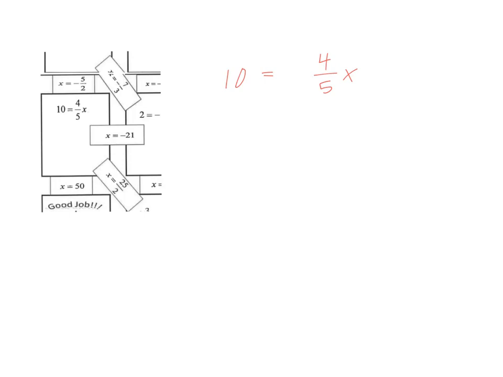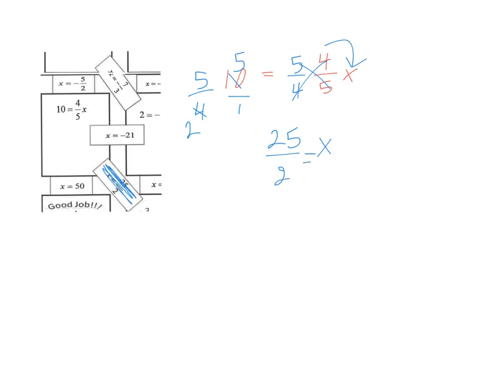The reciprocal of 4/5 is 5/4. 5/4 times 4/5 would be 20 over 20, which is 1, and 1 times x is x. I can cross-cancel a little bit on the left-hand side. 2 goes into 4 twice. 2 goes into 10 5 times. 5 times 5 is 25 over 2. I get x is equal to 25 halves.